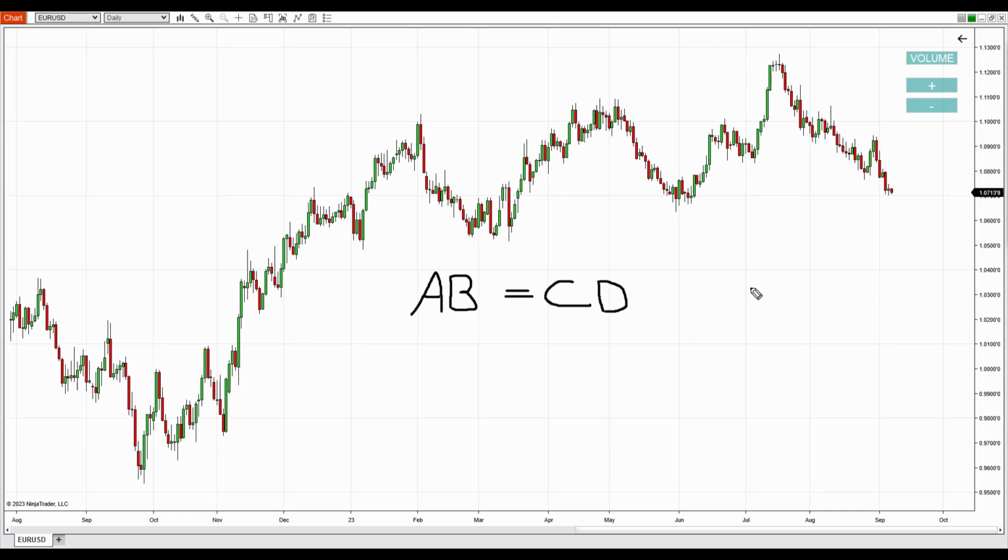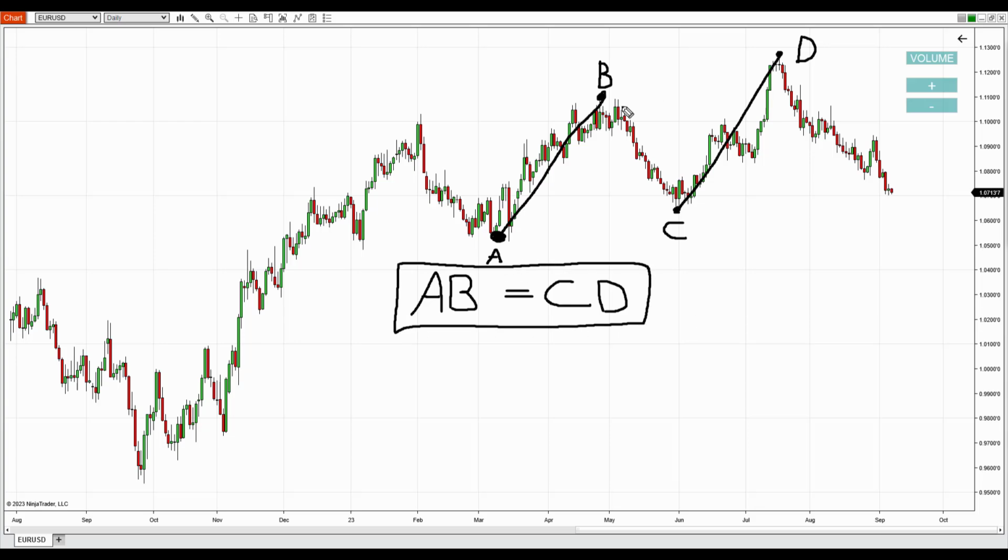If you look, for example, here in this chart, you can call this swing point point A, this swing point point B, this one would be point C, and this one would be point D. The trick is that the distance from A to B is the same as the distance from C to D. That's why the pattern is called like this. Those two distances should be the same.